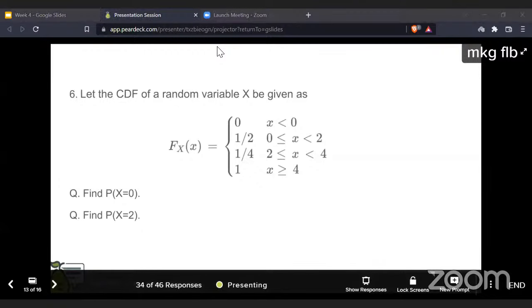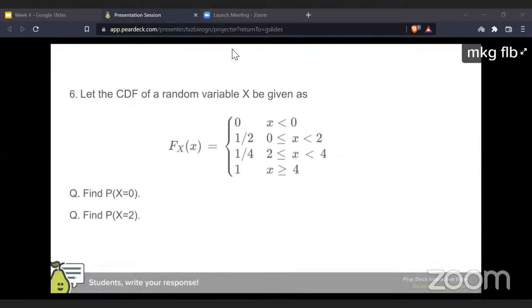Ma'am, is this a step function? This is a discrete random variable. CDF for a discrete random variable, because when you plot the graph, we can see it has a jump. There is no continuous curve. If we calculate probability at x equals to 0, it is coming as 1 by 4, right?